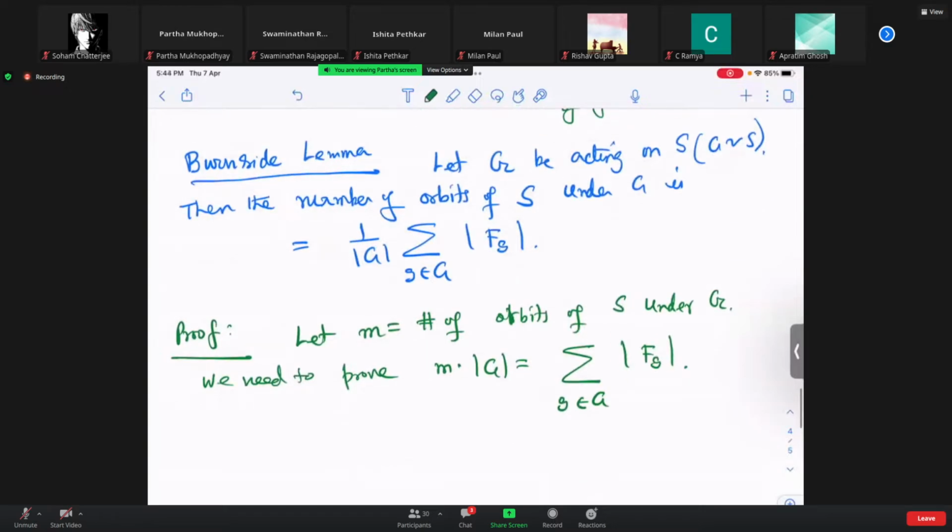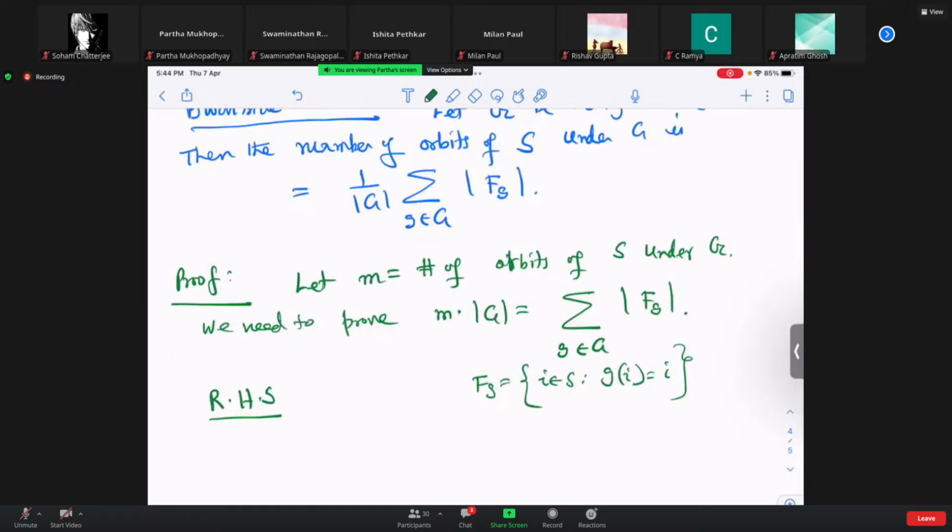So look at the right hand side. It's a two-line combinatorial argument. What is the right hand side saying? It's adding over the cardinality of these sets F_g. So recall for your convenience that F_g is the set of i in S such that g fixes i. That's the fixed points of the permutation g.